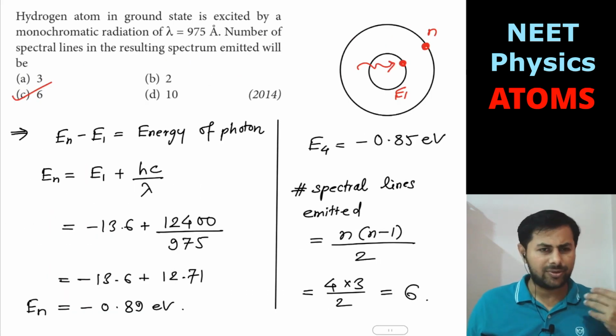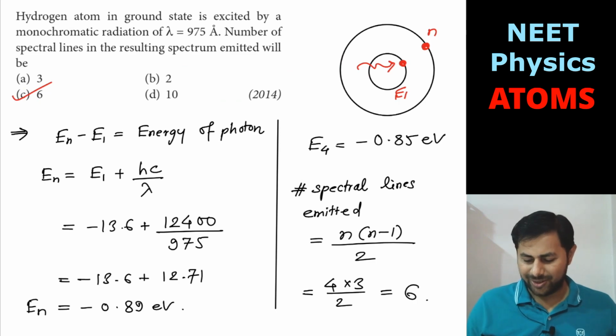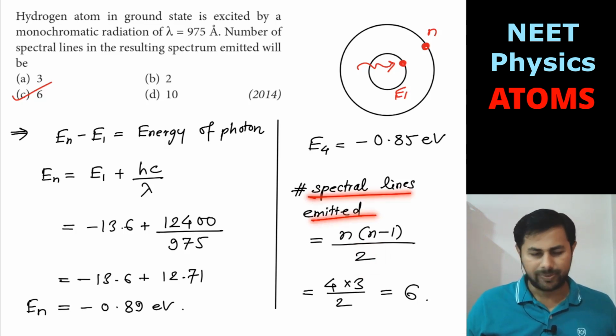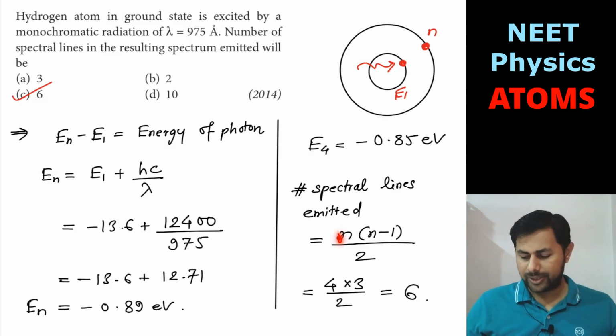But then it can jump to a very high orbit like 12th or 15th, and you might get the value En. So what should you do? Just make use of this formula: n times n minus 1 divided by 2. The number of spectral lines emitted is just equal to, with n being the orbit in which the electron is right now, the nth orbit. So n times n minus 1 divided by 2, this is the formula. Just remember that.